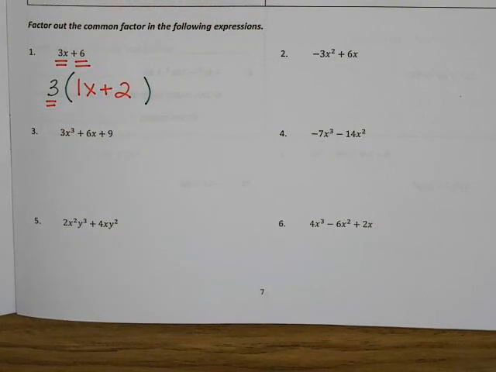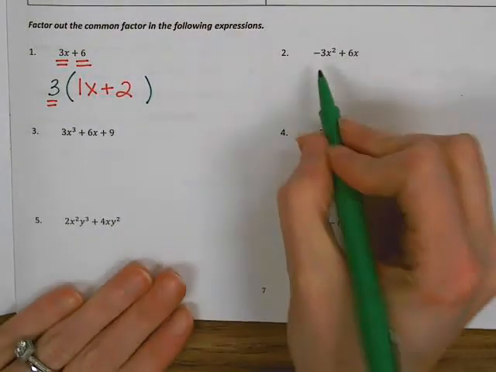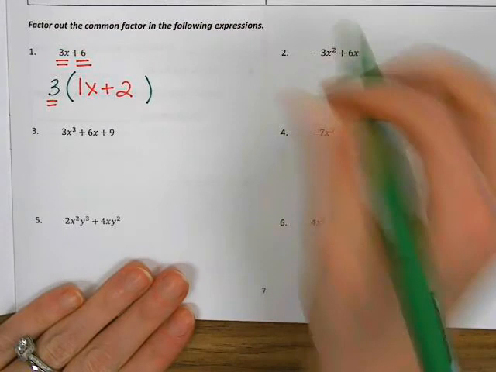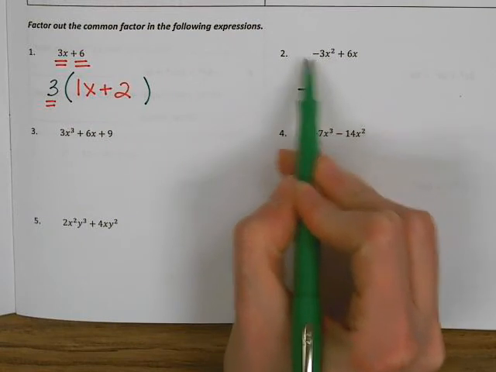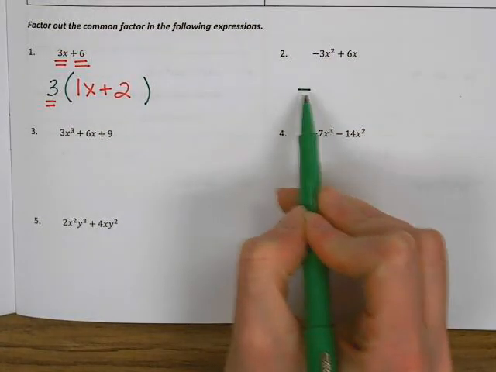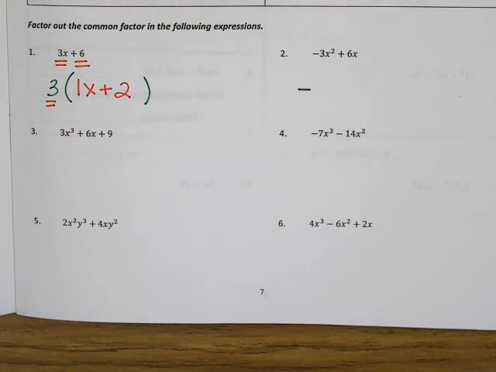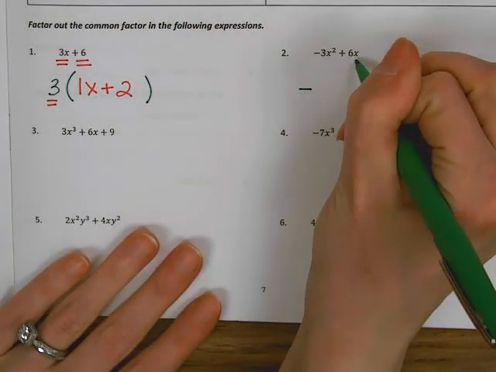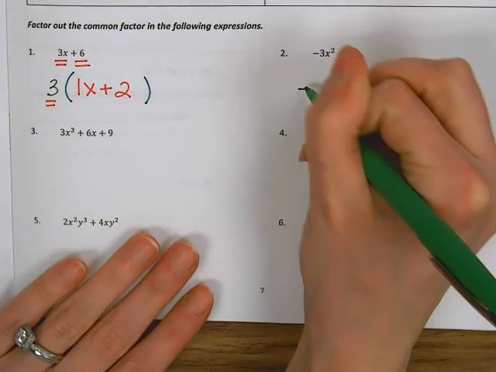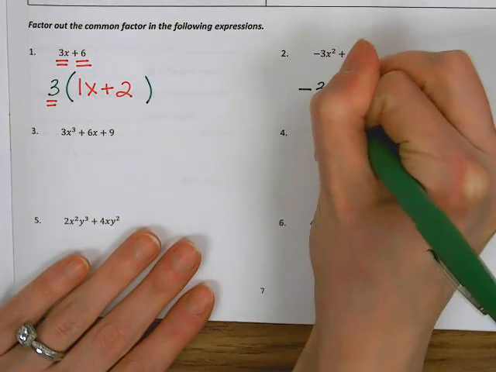All right, number 2. Now, side note, whenever the first one is negative, you always divide out a negative. Okay, whenever, it's only the first one. Whenever the first one's negative, you always take out a negative with the GCF. Okay, so out of 3x squared and 6x, the GCF is negative 3x.